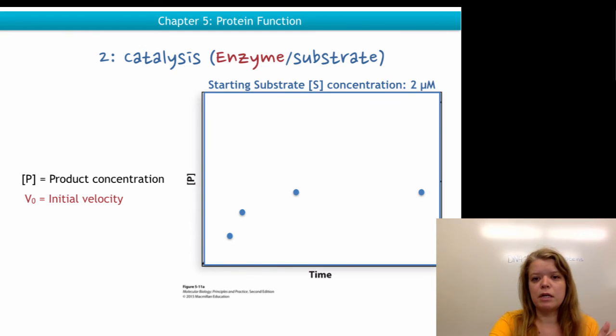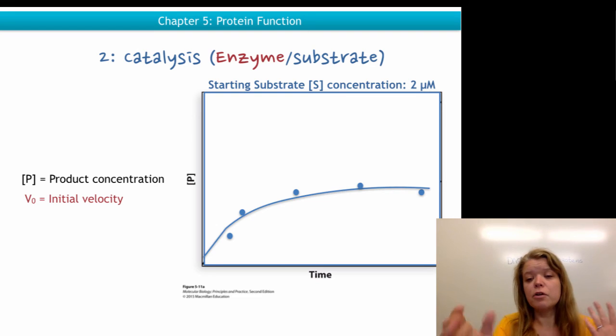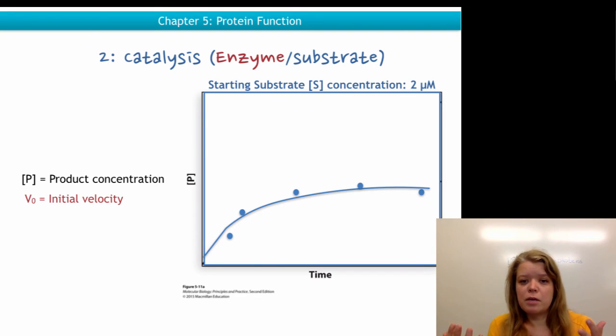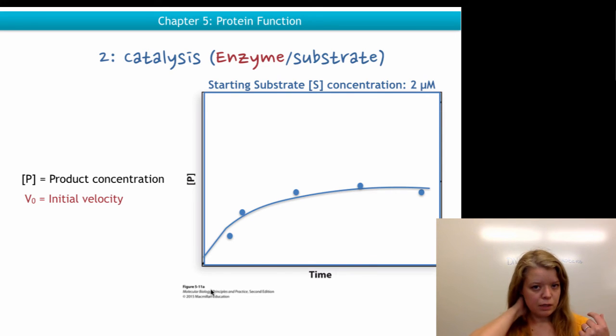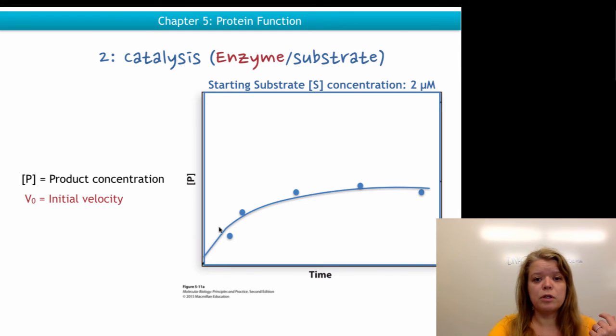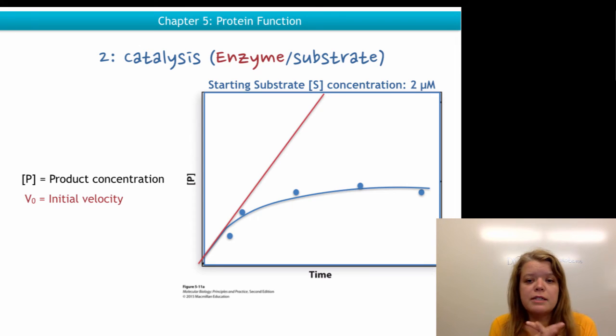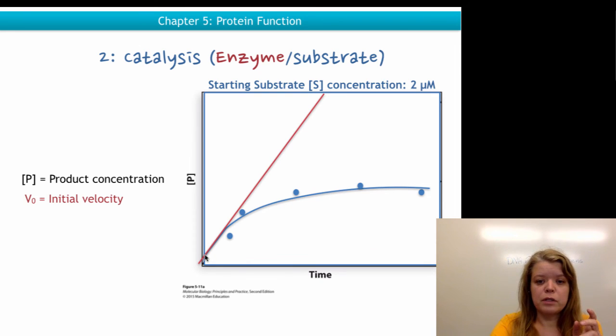So many time points are collected, and a curve is fitted against those time points. The important thing to recognize is that at the very early beginning of the reaction, the curve is a linear line that can be fitted to determine the initial velocity, which is how fast the reaction was going at the full 2 micromolar concentration of the substrate.